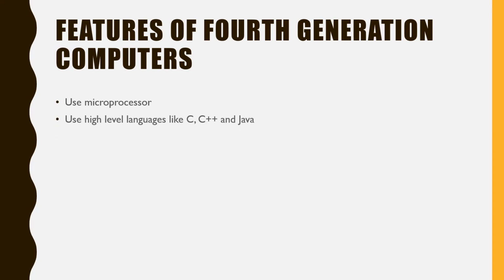Next we'll see the features of fourth generation computers. They use the microprocessor, and they use high level languages like C, C++, and Java. C++ and Java are advanced high level languages. It is a multi-purpose computer, and it was accurate, reliable, and very fast.